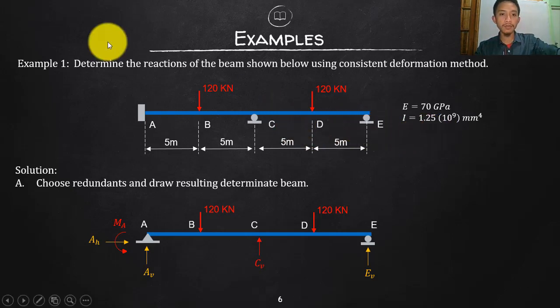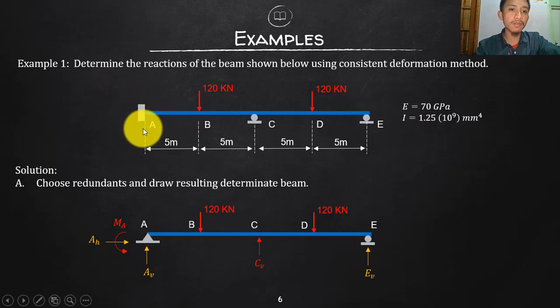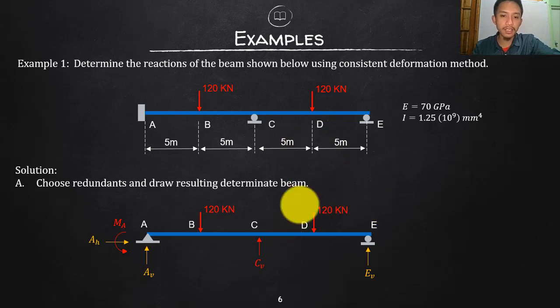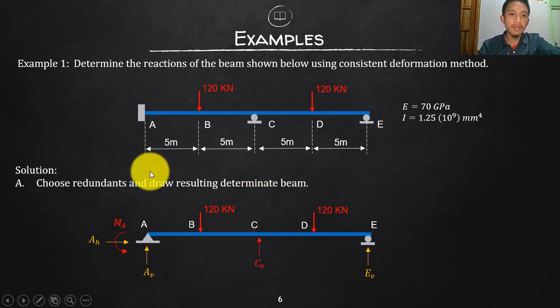If you break this down, there will be a moment, a horizontal reaction, and vertical reactions. There are a lot of possibilities for choosing the redundants, but actually it doesn't matter. Let's say I want to make this one a pin.